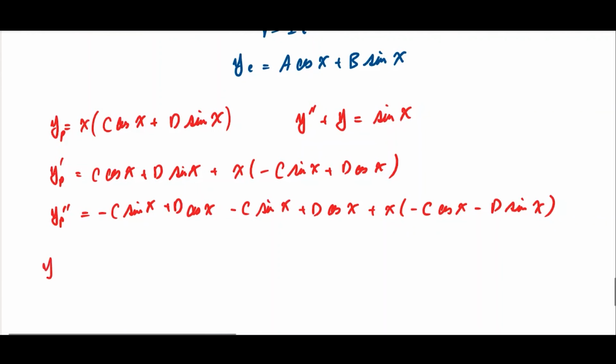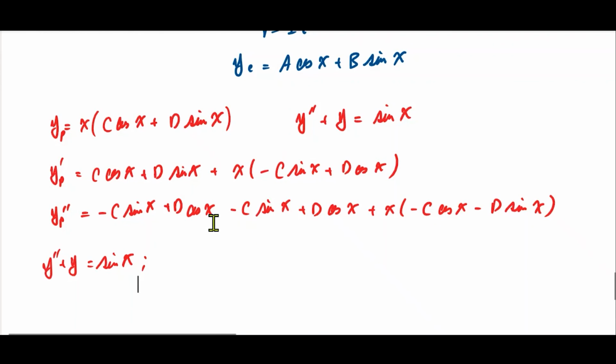Okay, so y double prime plus y is equal to sine x. If I do that, let's just combine things together here, right? Okay, let's see what we got. These two, so minus 2, right? It's a like term, so I have minus 2... What am I doing?